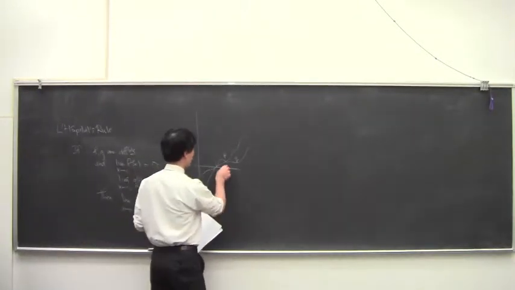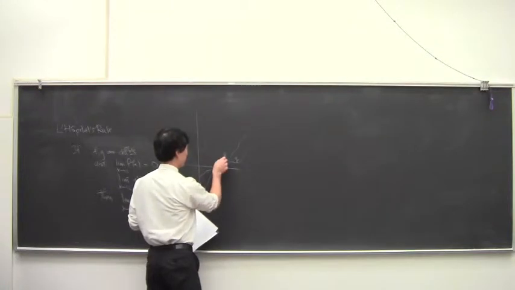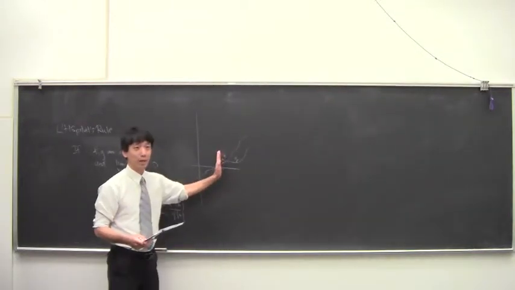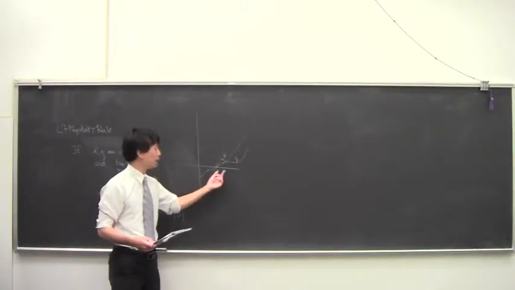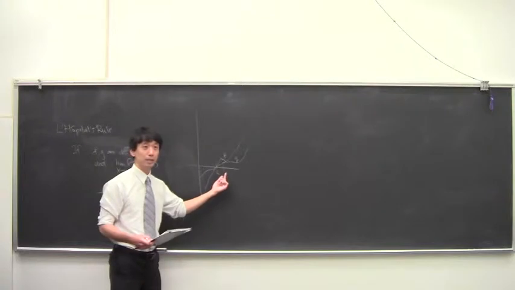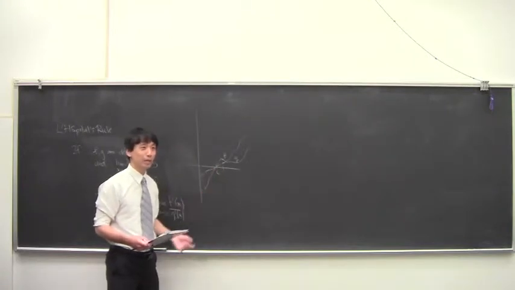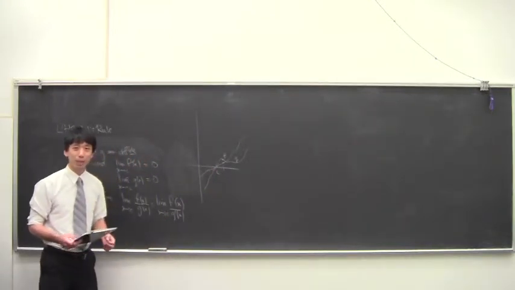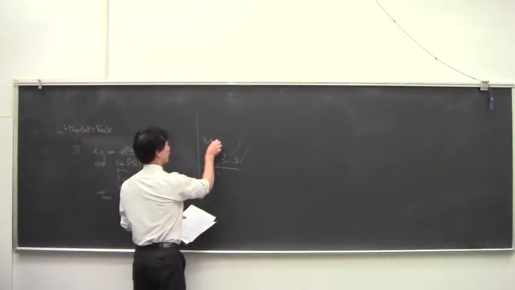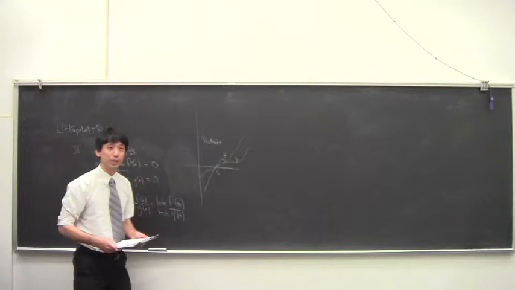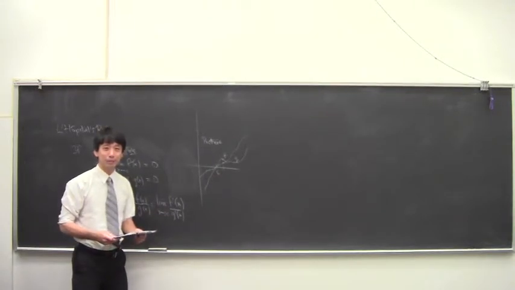So at each point you take the velocities, and consider the ratio of those velocities as x approaches c. And that turns out to be the same thing as the ratio of the positions.